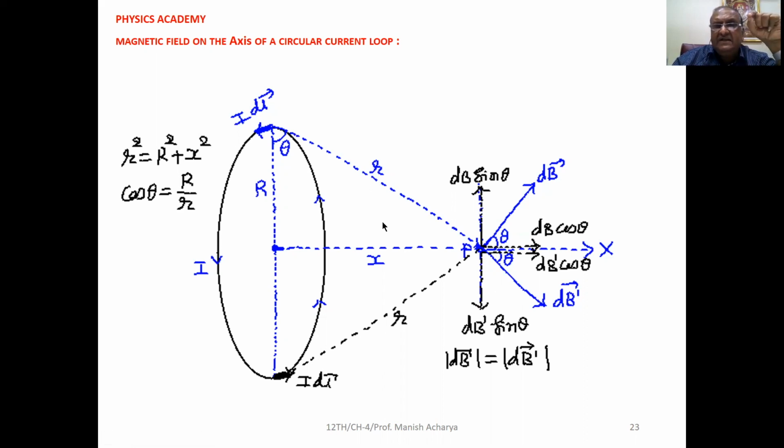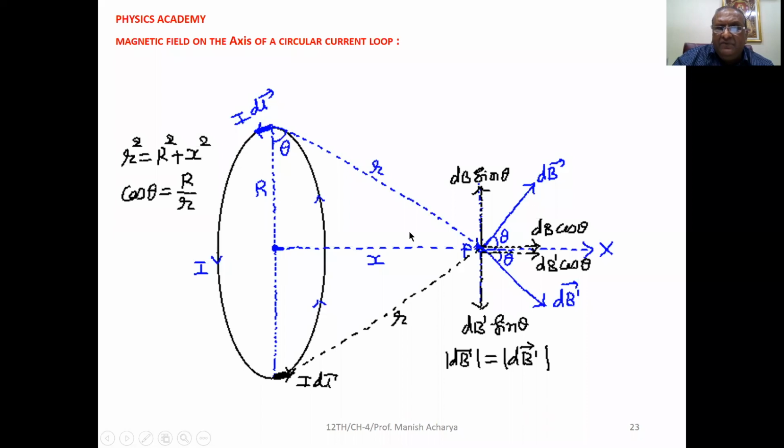It implies that if we consider any current element on the ring, then its contribution to the magnetic field at point P will be dB cos theta. Its sine components will be cancelled. Clear to all of you?